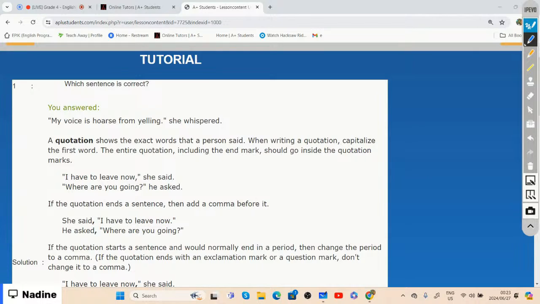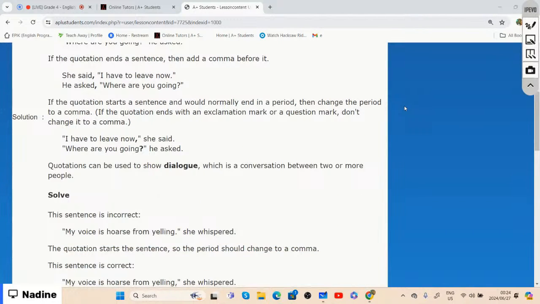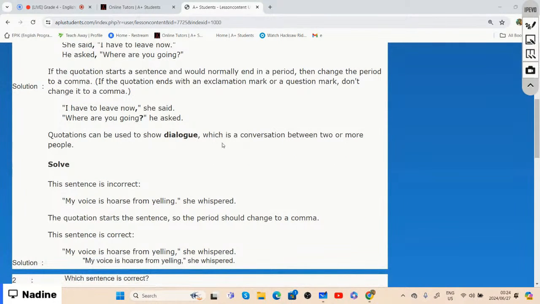No problem. All right, so now it says which one is correct. It says, "My voice is hoarse from yelling." she whispered.